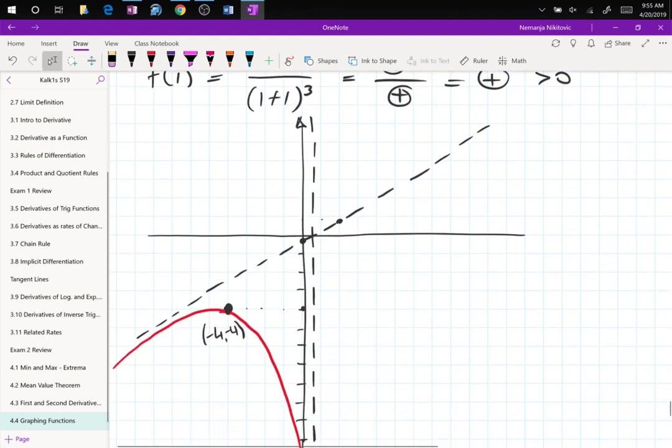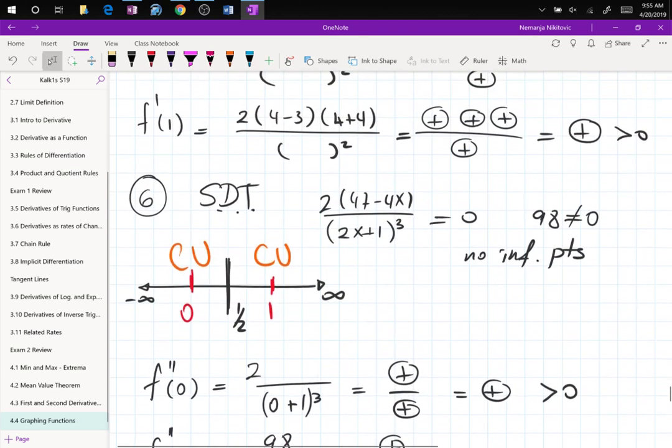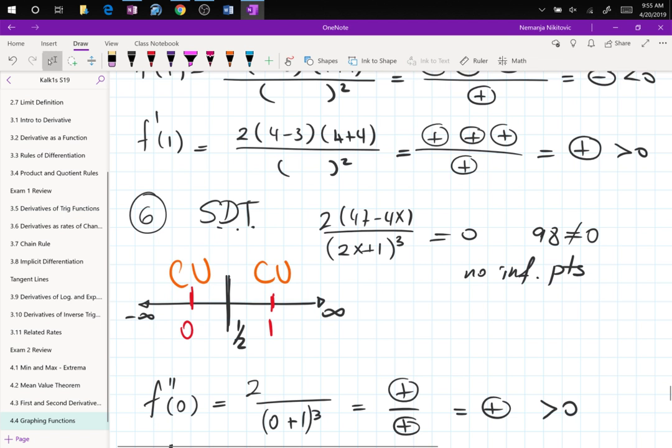So when you set equal to 0 now, 47 minus 4x is... I don't like this.